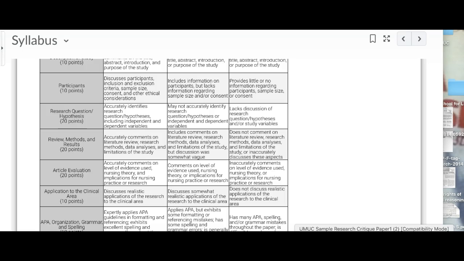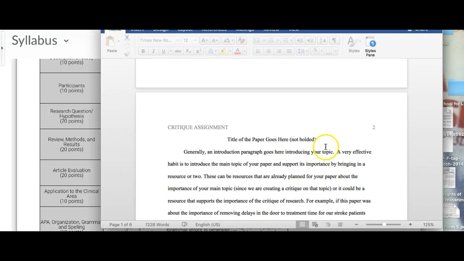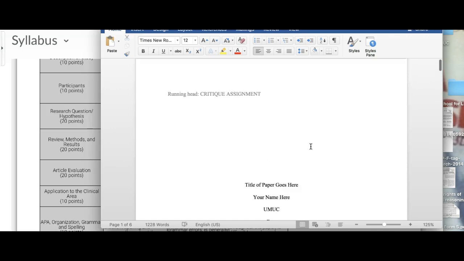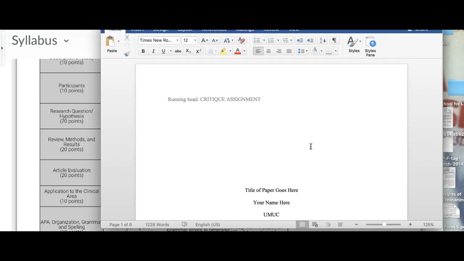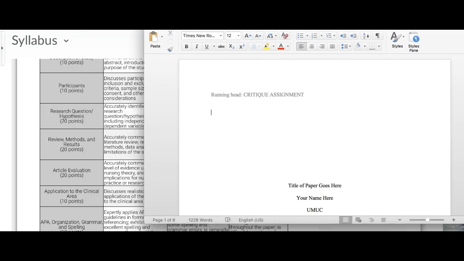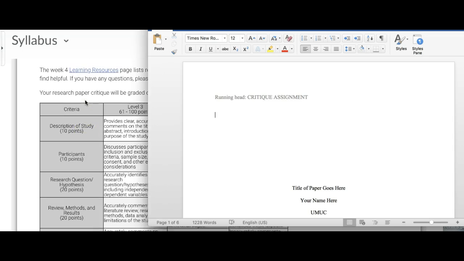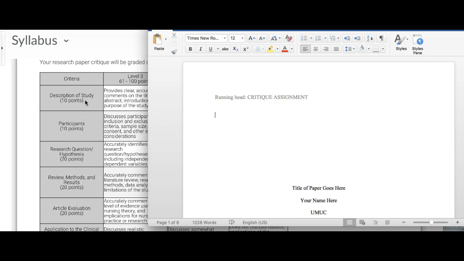So if we look at the sample paper that I put in the announcement section, you should be able to see that it matches up with the rubric that's listed for you in the syllabus area.